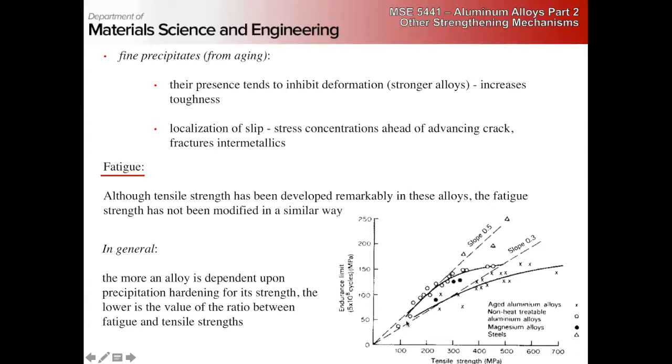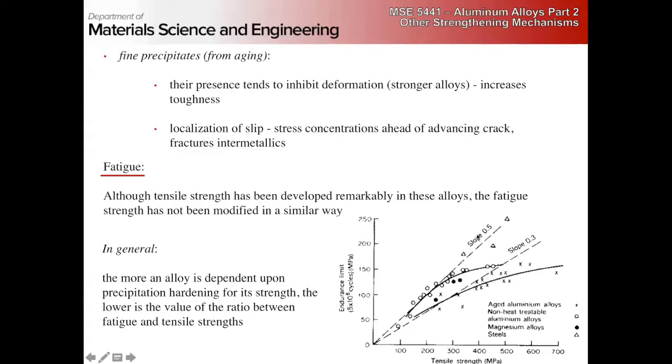For solid solution strength in aluminum alloys, we get much better fatigue for a given tensile strength, right? So if we look at the highest solid solution strength in alloys, around 500 MPa tensile strength, we have an endurance limit of greater than 150 MPa rather than around 120 MPa.